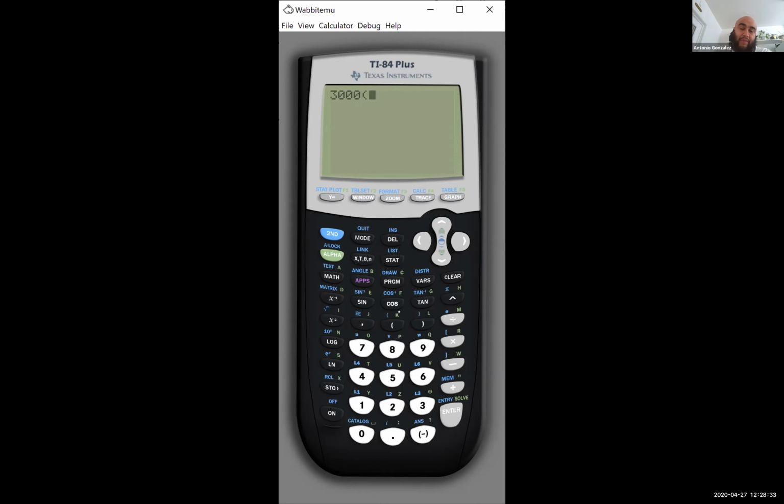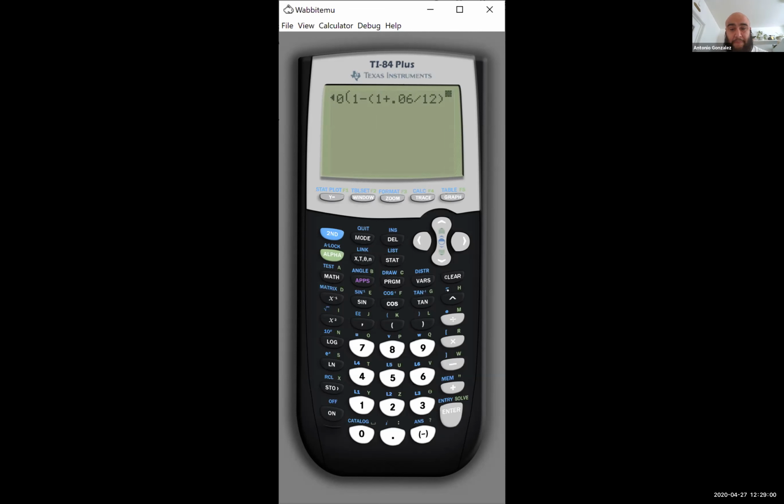I'll open up my first parentheses, and I'll write 1 minus, and then I'll open my second parentheses. There I'll put 1 plus 0.6 divided by 12. Then I'll close that second parentheses, and I'll use my caret.